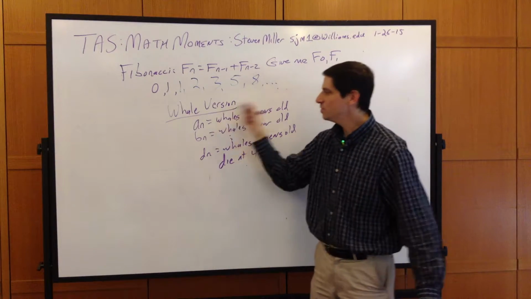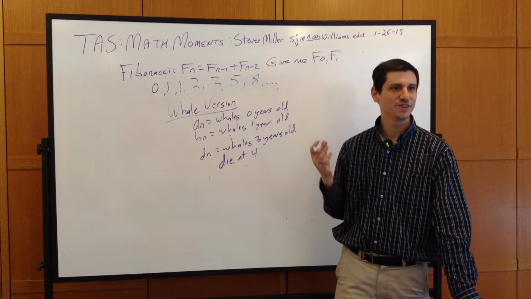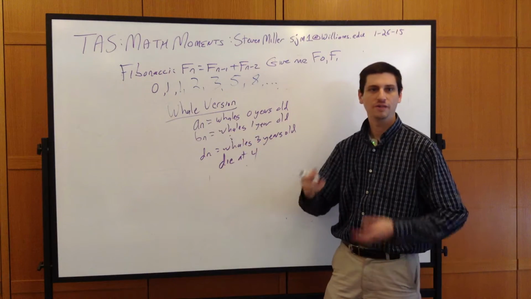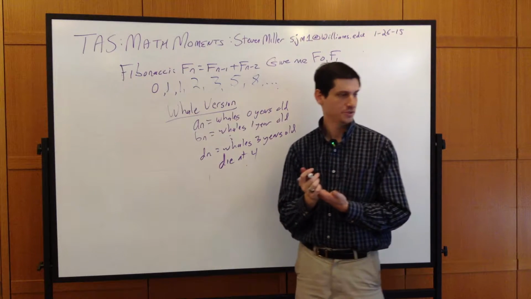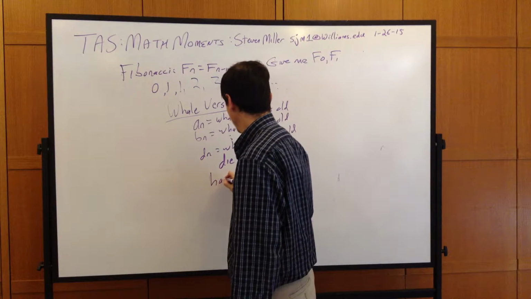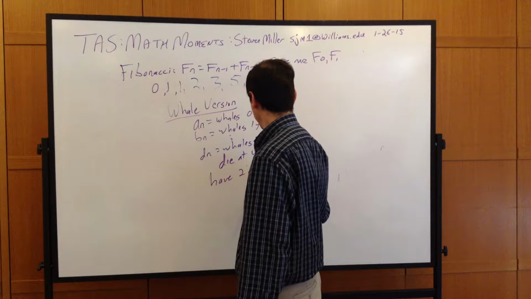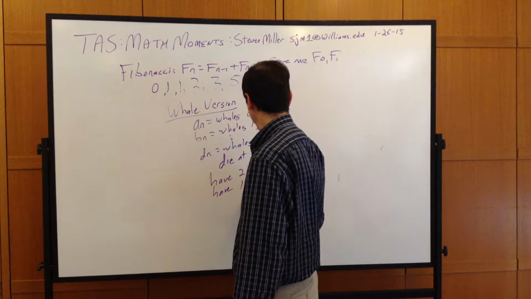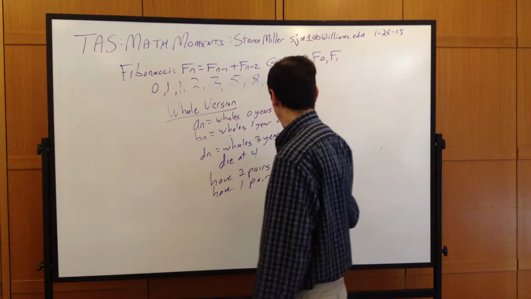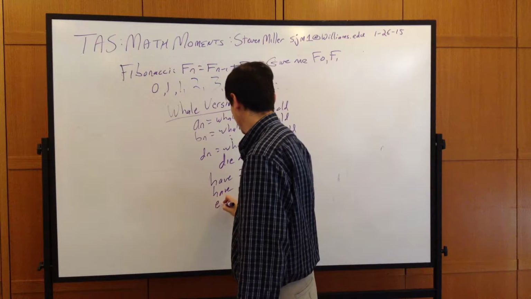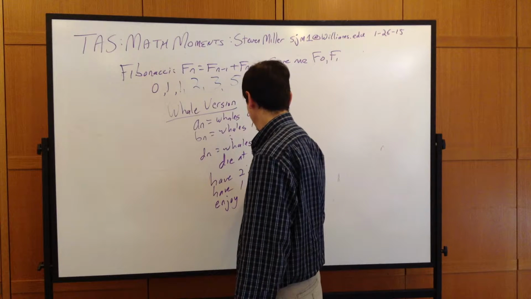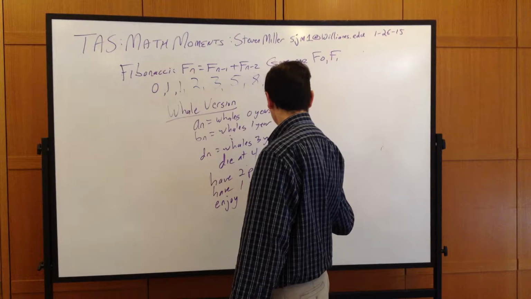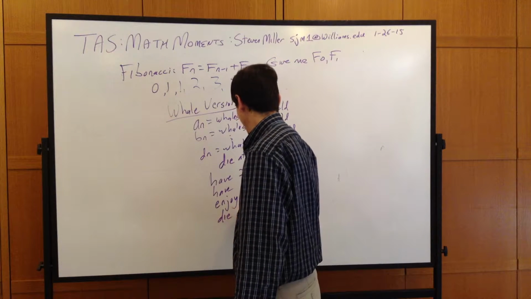We will assume that when you're born, you're not having calves, you're not having new whales. We'll assume that when you are 1 year old, you have 2 pairs. So have 2 pairs at 1, have 1 pair at 2, enjoy life at 3 in peace, and then die at 4.